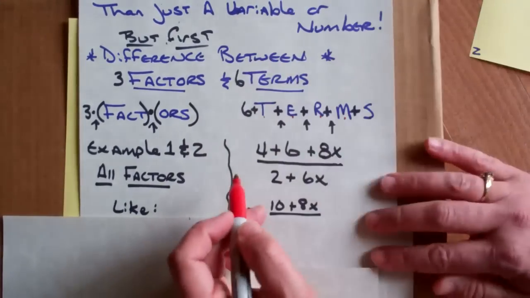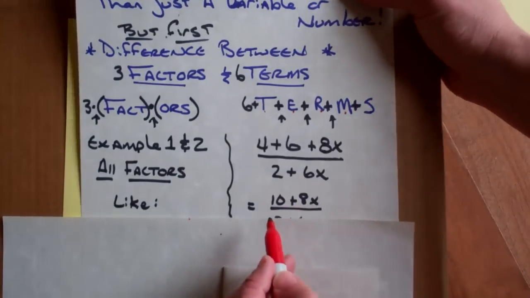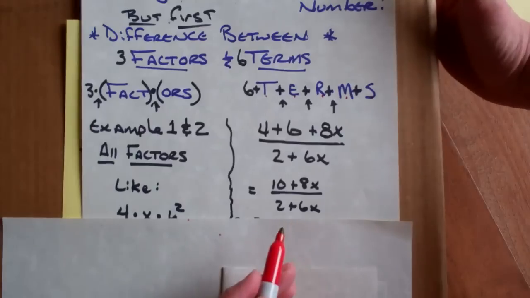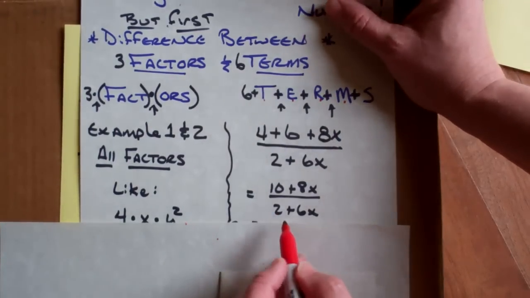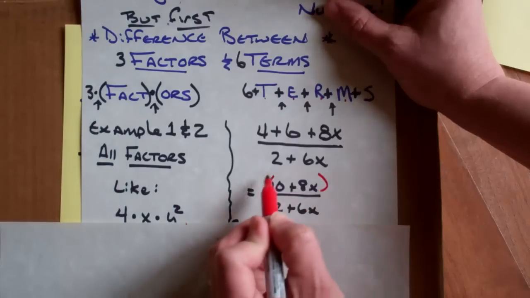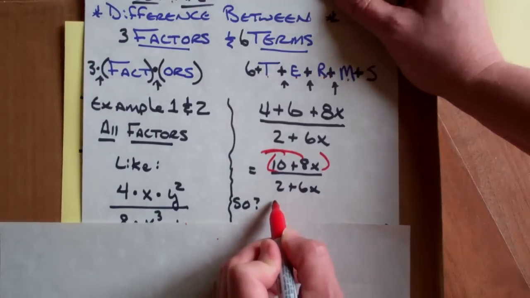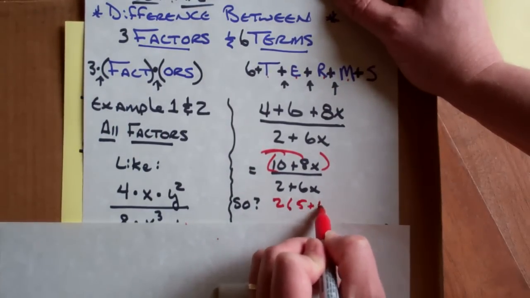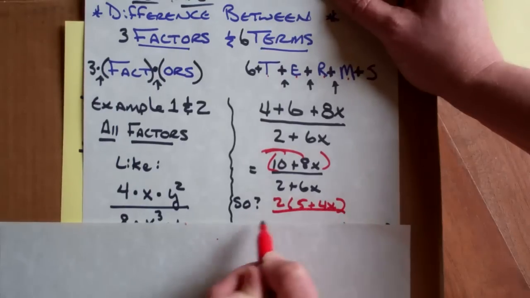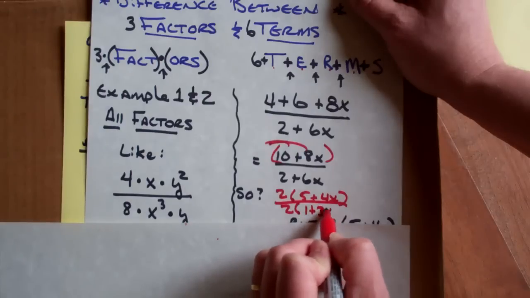But if we could factor the numerator, if you put this together on top, you have 10 plus 8x over 2 plus 6x. This is still not something we can simplify at all. But if on the top I could pull out a factor, I end up with 2 times 5 plus 4x divided by 2 times 1 plus 3x.